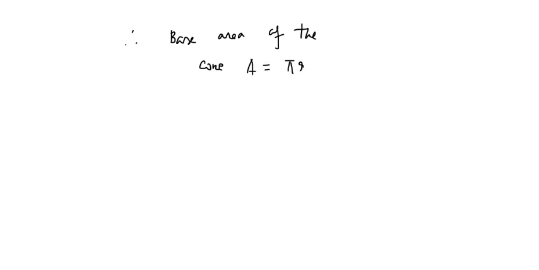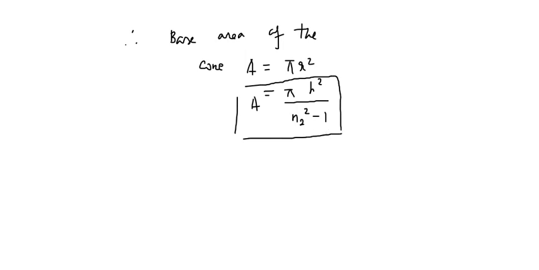So pi h square by n2 square minus 1. This is it. Understand? This is how we can easily find it out.